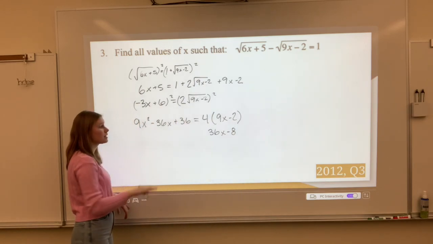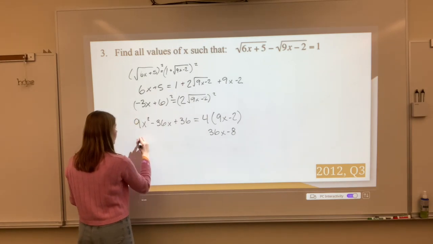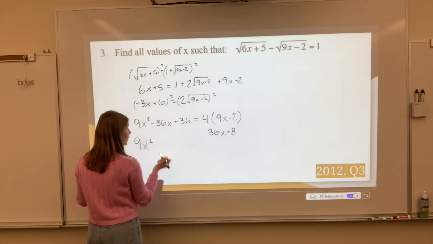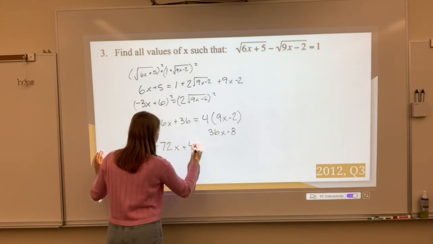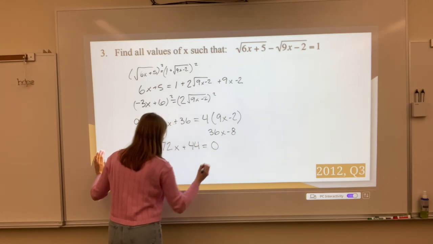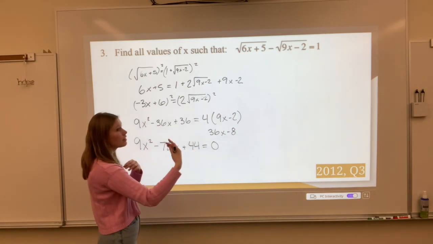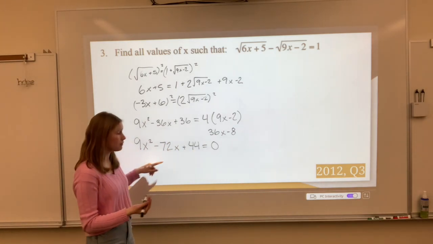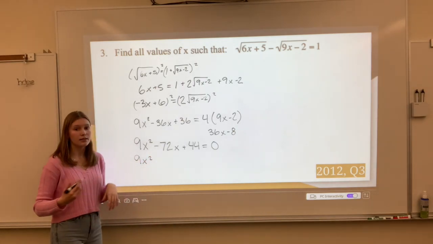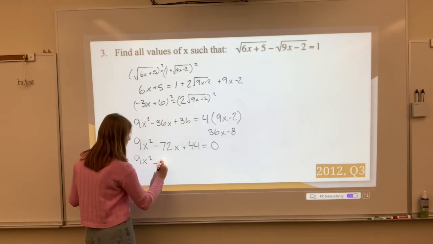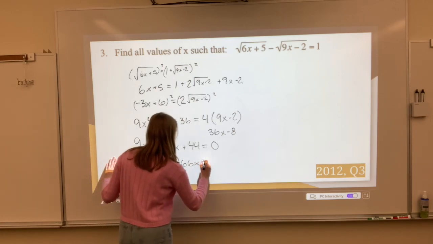And we bring all this into one side so we can set it equal to 0 and factor from there. So bring all of this over and we get that 9x squared minus 72x plus 44 is equal to 0. So then we, of course, have to multiply these together and find two factors that add to negative 72. I already know that 9x squared minus 6x minus 66x plus 44.